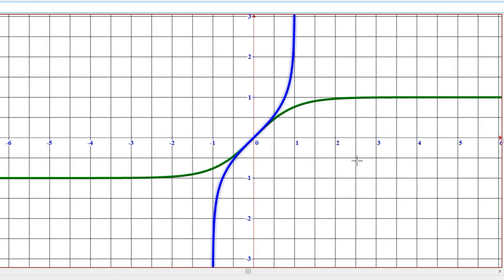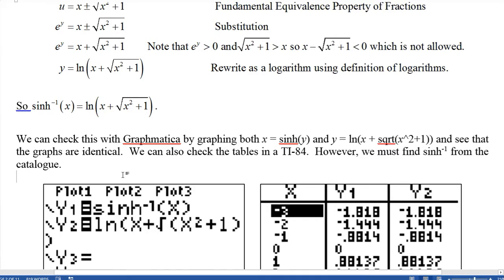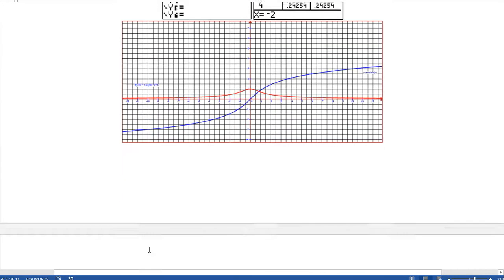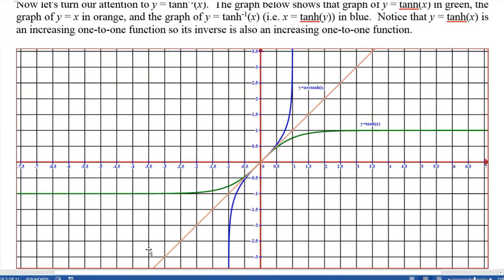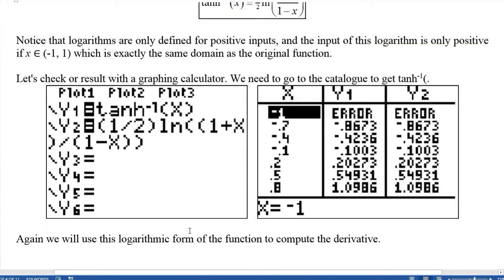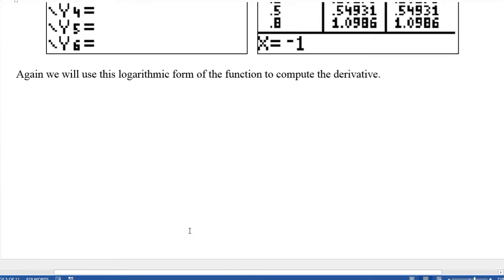Okay, so there is a graph of the hyperbolic tangent and its inverse. Yeah, I already have them both graphed there. So notice that they're both one-to-one functions.